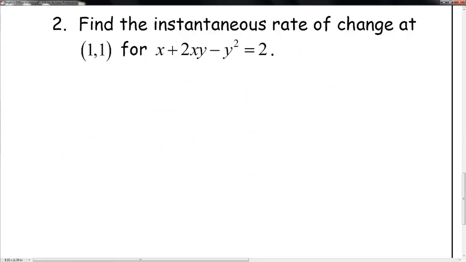So the derivative of x is 1. And again, remember we're taking the derivative of x with respect to x, so 1 dx over dx. Plus, I have the product rule, so the derivative of the first times the second.